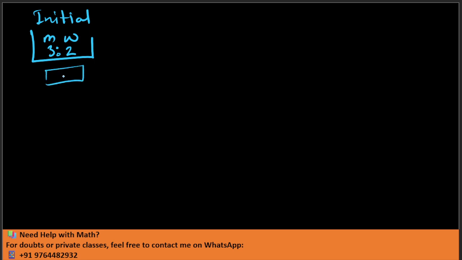Now again, I'm taking the initial ratio, which is given as 3 is to 2, right? Now here the quantity is not given, it is blank.